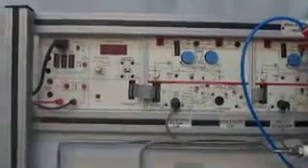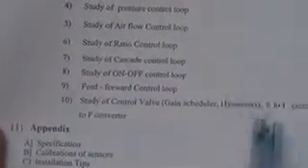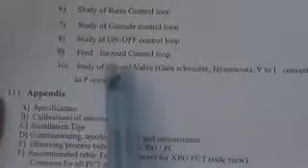In this trainer we can perform experiments in temperature control, pressure control loop, airflow control loop, ratio control loop, cascade control loop, on-off control loop, feed-forward control loop, and control valve characteristics. V2I converter and I2P converter experiments can also be performed in this trainer.